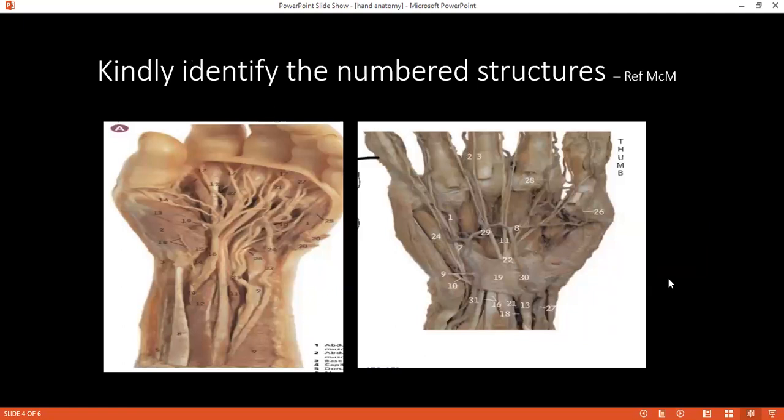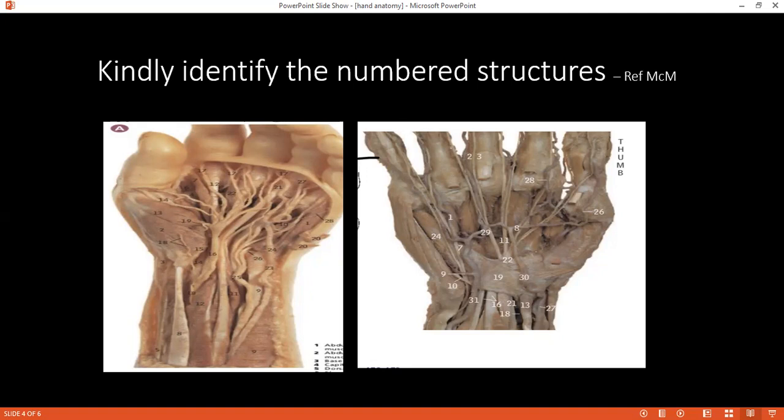If you can identify the picture A, for this image, if you can identify 2 things. 16, please. Median nerve. All right, and then 25. It's ulnar nerve. Can you tell me what is the sensory distribution of hand by the median nerve?